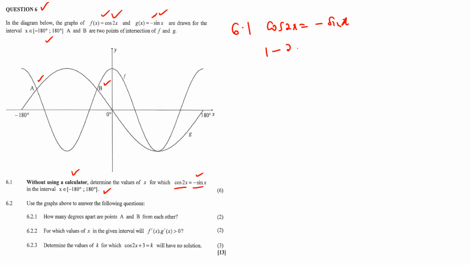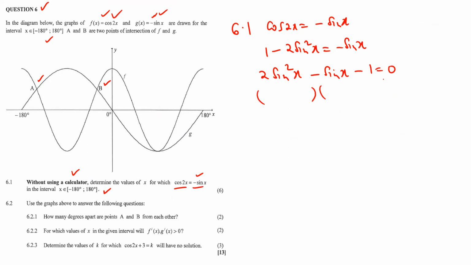So this is 1 minus 2 sine squared x. This is an identity, cosine 2x is 1 minus 2 sine squared, at the back of the matric paper. From this, we move the 2 sine squared to the other side. It becomes 2 sine squared x on the right, which finds minus sine x. You move the 1 to the right, it becomes negative.